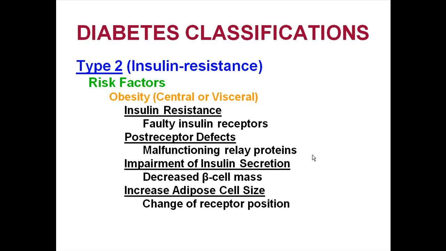Some main risk factors also include obesity, and mainly the central or visceral. So this would be obesity that happens around the abdomen, but it's underneath the muscle. Basically, you have abdominal obesity in the subcutaneous layer of your skin, and you would get that filled up.